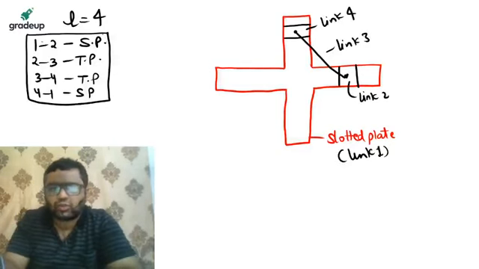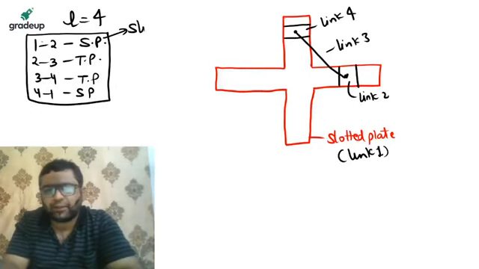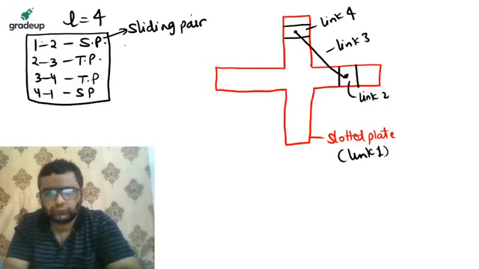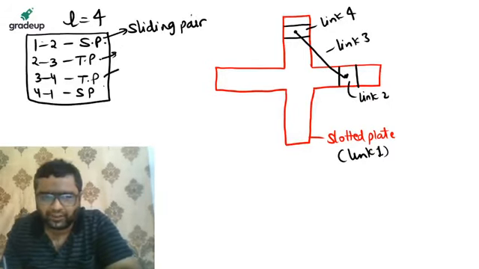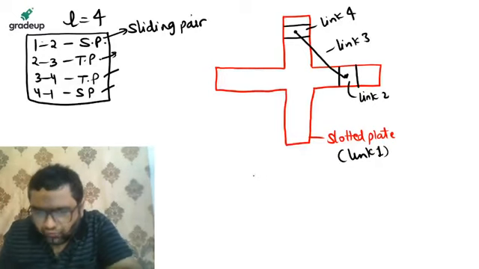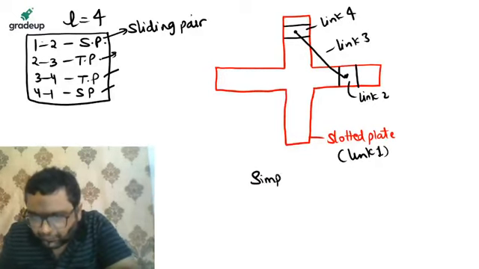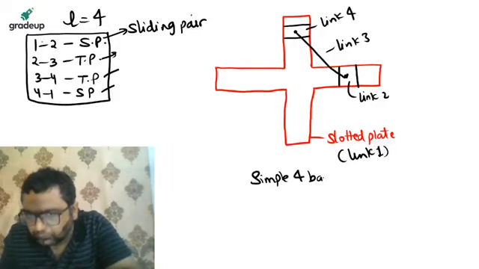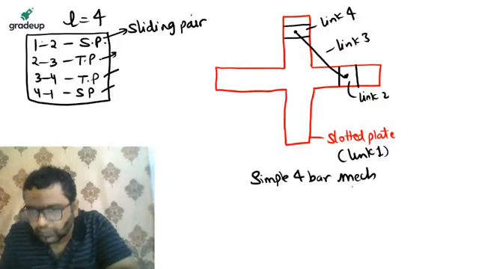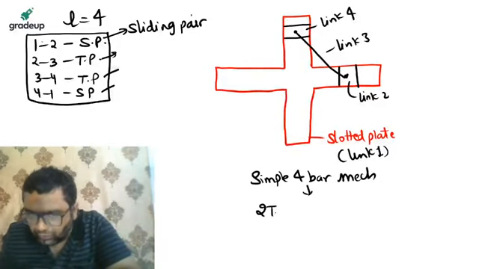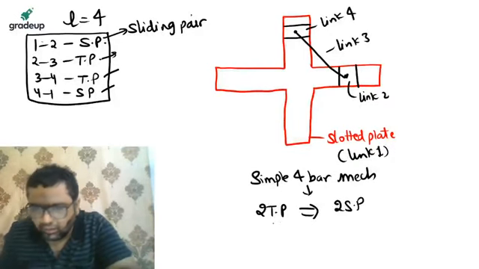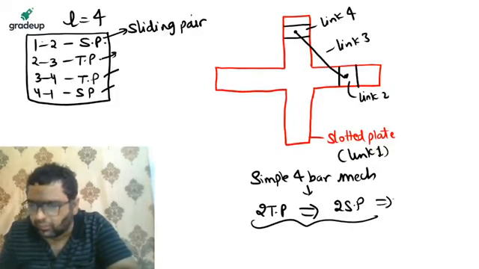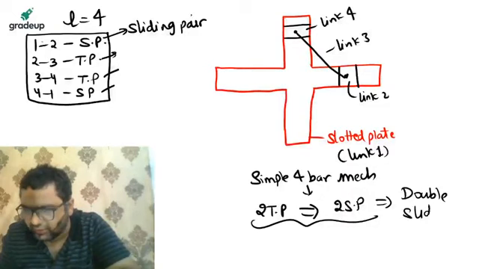So from a simple four bar mechanism, if two turning pairs are converted into two sliding pairs, it becomes a double slider crank chain.